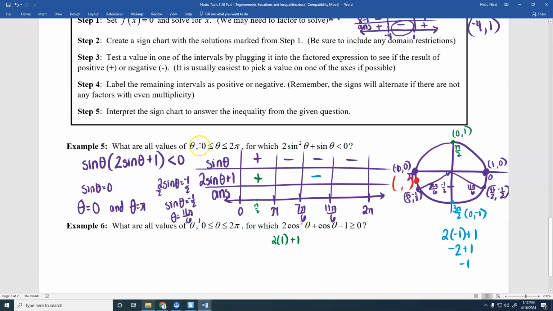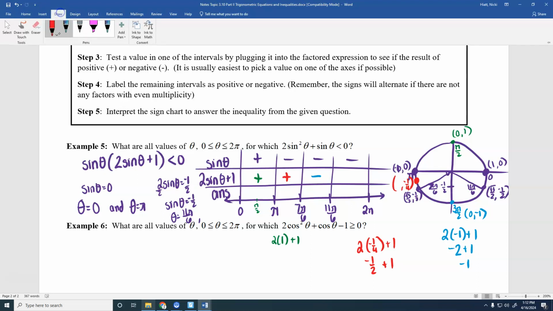What numbers is that y-coordinate going to be between? 0 and negative 1/2. So let's pick a number between 0 and negative 1/2, like maybe negative 1/4, right? That's halfway between 0 and negative 1/2. So at that point, I'd have 2 times negative 1/4 plus 1. That would be negative 1/2 plus 1. That'd give me a positive 1/2. That's going to be positive.